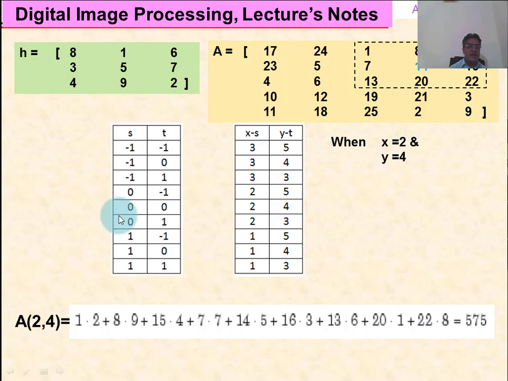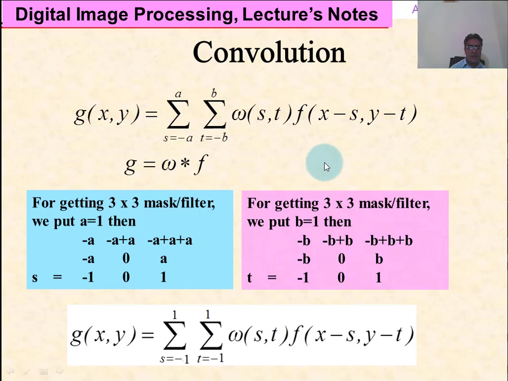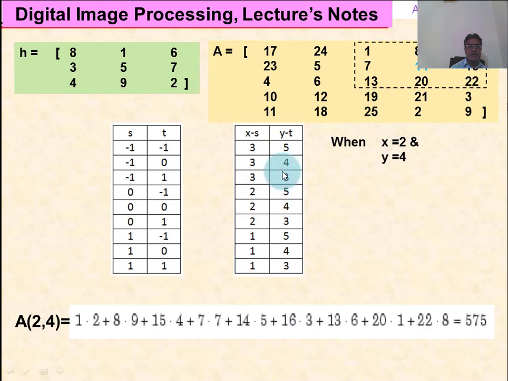How? These are the s and t subscripts of the kernel, and the x minus s and y minus t, these are the two subscripts or the coordinate values of the input image. We made this coordinate value for each. When x is equal to 2 and y is equal to 4, then here we will put 2 and here we will put 4.